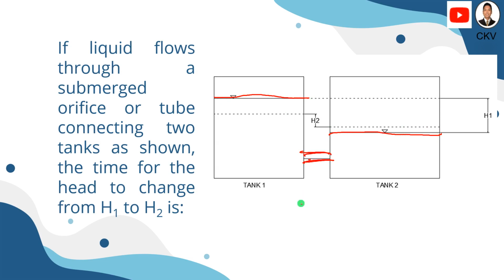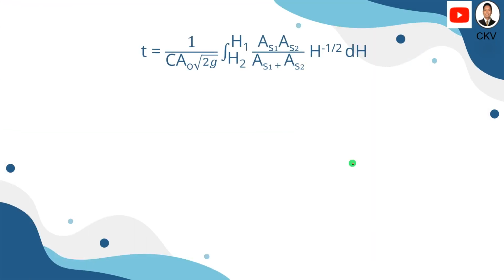In order to compute the time required for both liquids to reach these dashed lines here, we have H1 and H2 as the difference in elevation from its original position H1 and the final difference in elevation H2. So the time required for it to reach this level is computed using this equation.